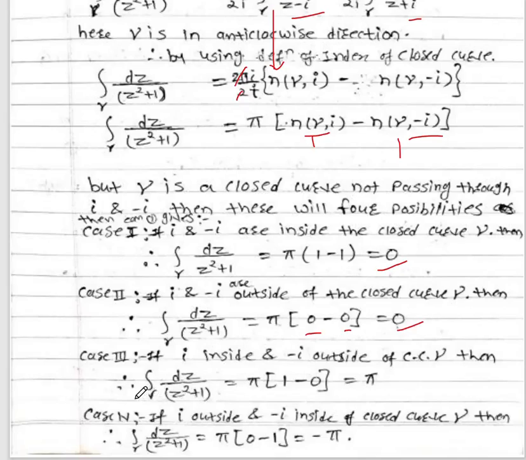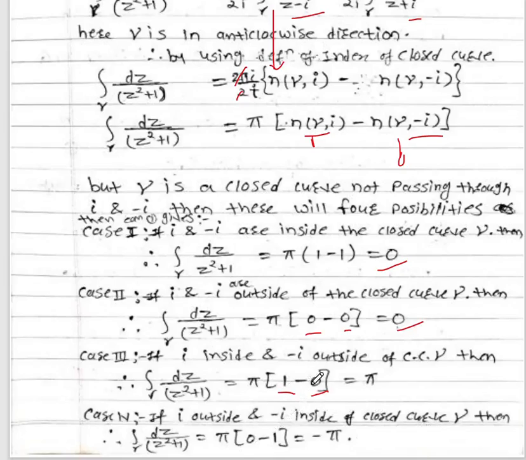Third case, if i is inside and minus i is outside of the closed curve gamma: if the point is inside the curve, then its index is 1, and if the point is outside of the curve, then the value is 0. So it is 1 minus 0, which can be written as pi times 1 minus 0, which equals pi. The fourth and last case is if i is outside and minus i is inside the closed curve gamma.